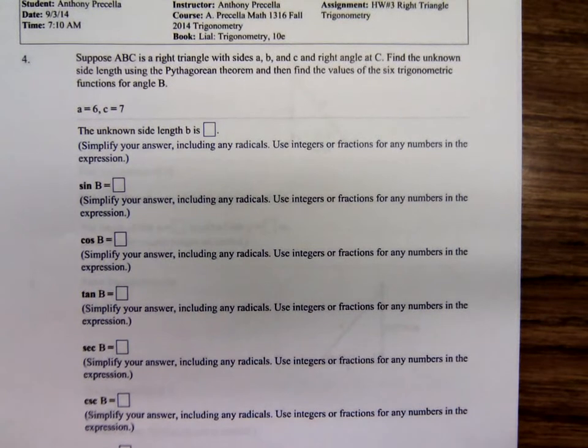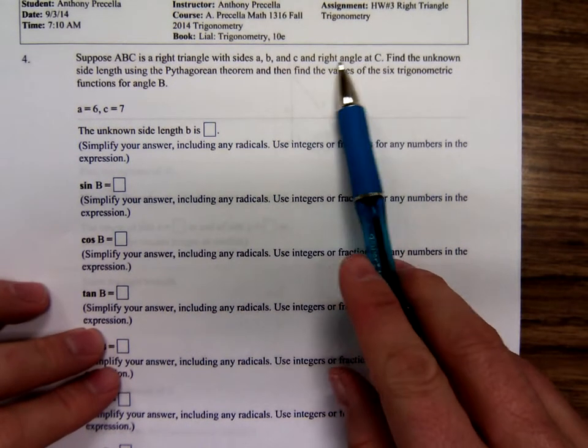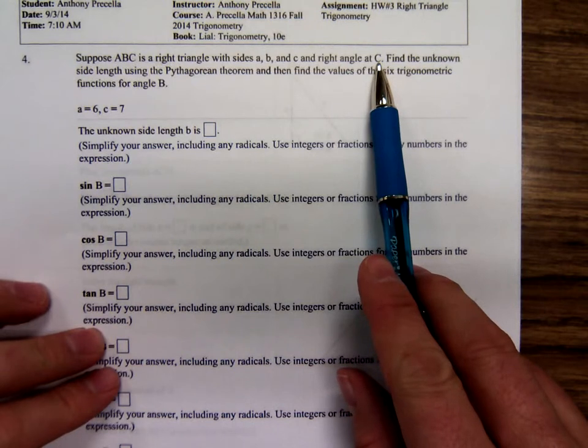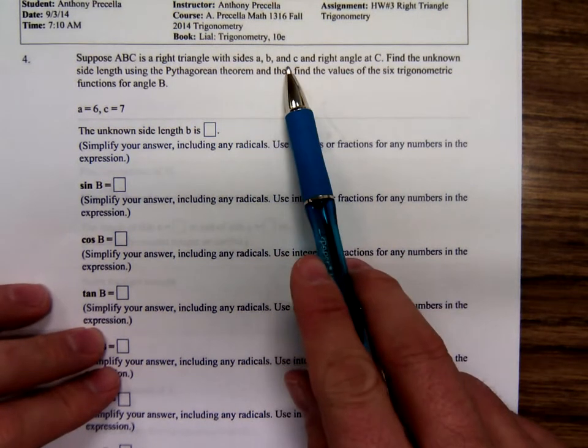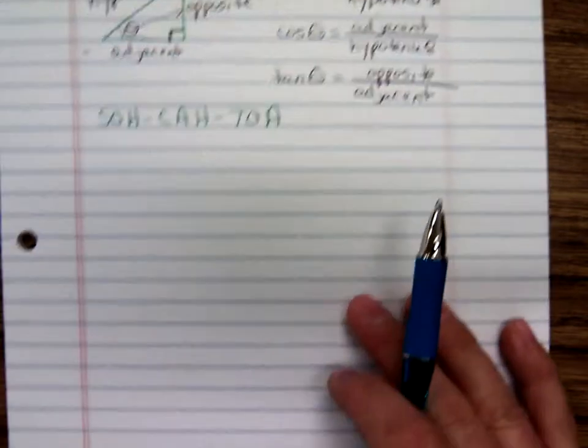Suppose ABC is a right triangle with sides A, B, and C. Well, first of all, that's telling you how we're going to set up these right triangles when we draw them. We're going to have the right angle as C, and the sides are lowercase letters. In particular, here's what it's going to look like.